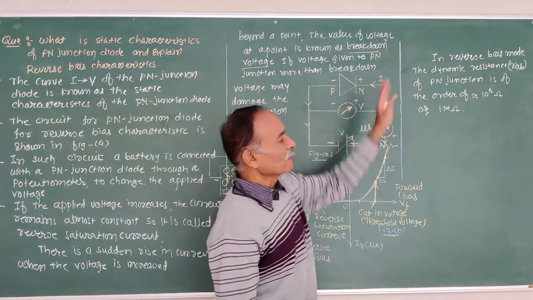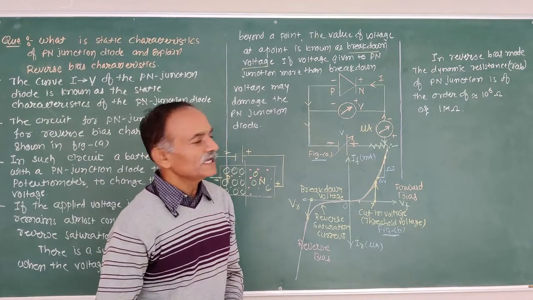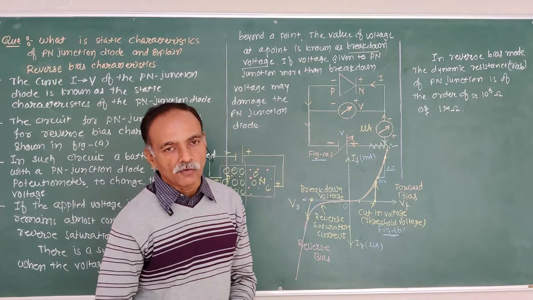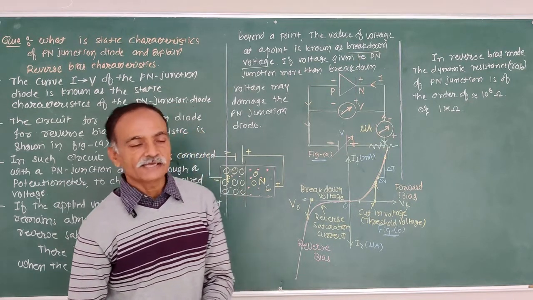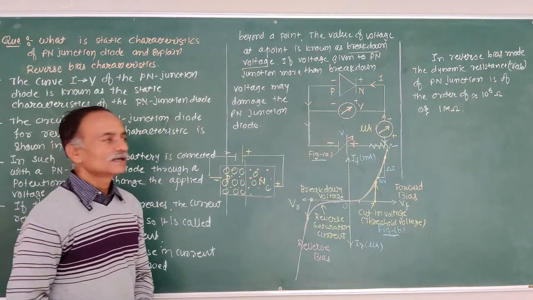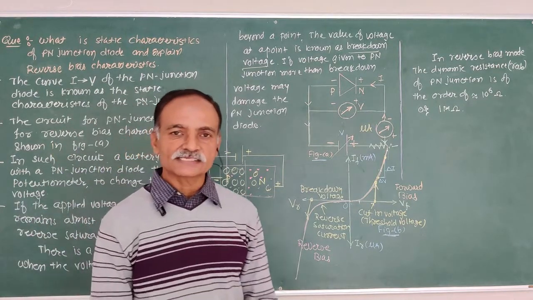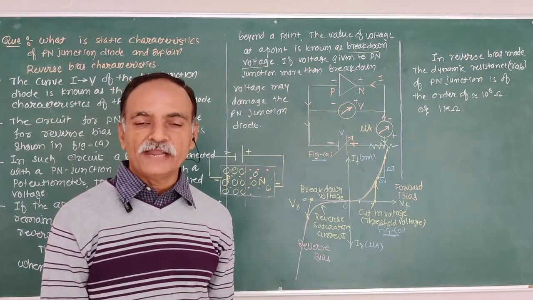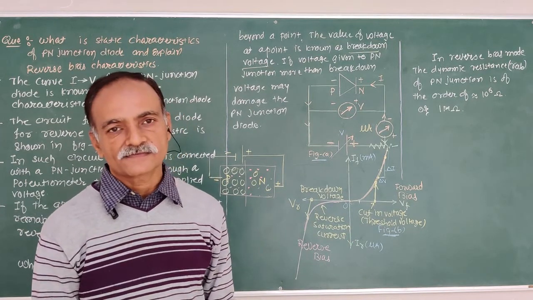In reverse bias mode, the dynamic resistance of the PN junction is of the order of 10⁶ ohm. That means 1 mega ohm. Because in reverse bias, more and more ionized positive charge is deposited in the N region near the junction and ionized negative charge is deposited in the P region near the junction.